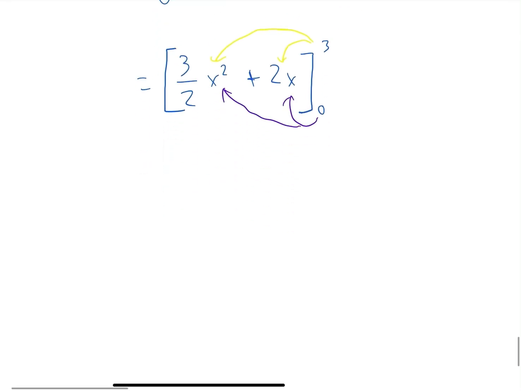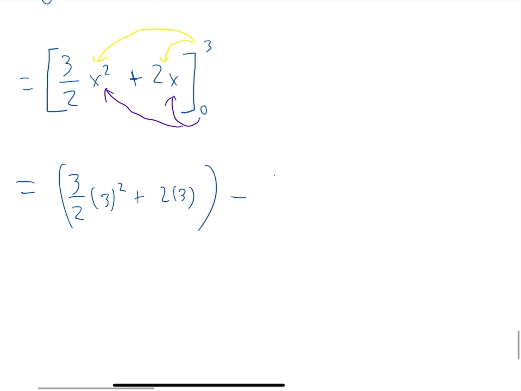So this is equal to 3 over 2 times 3 squared plus 2 times 3, all of that minus 3 over 2 times 0 squared plus 2 times 0.